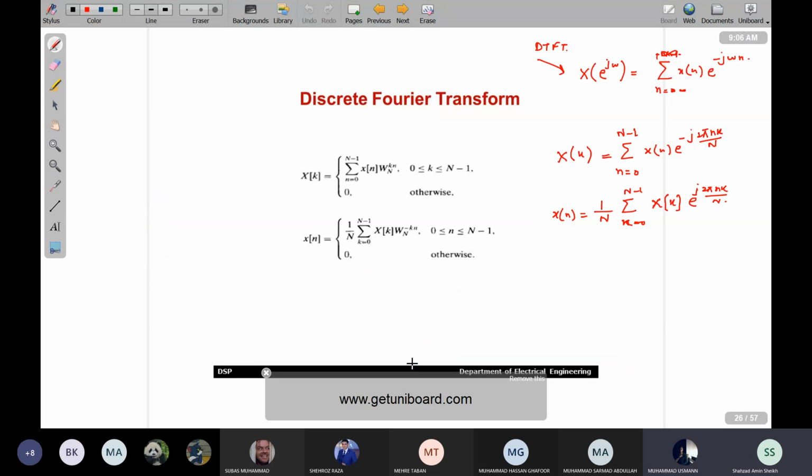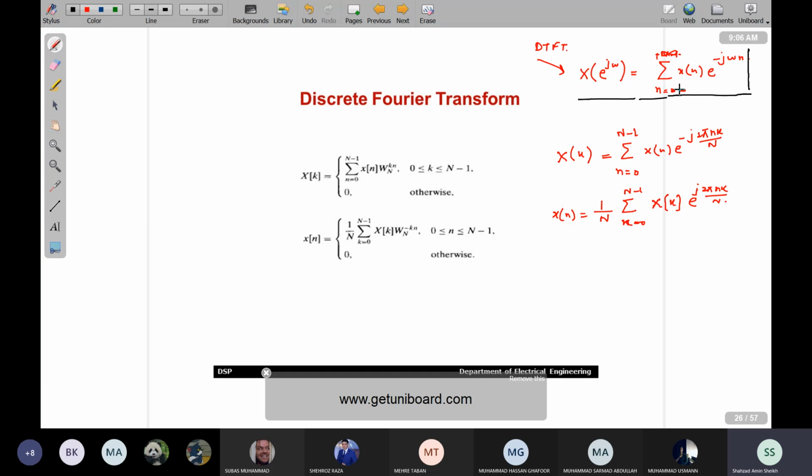Okay. So this is now by definition our discrete-time Fourier transform, X of e to the j omega, and we have been writing this expression so many times in this semester. By definition, it is the sum over n from minus infinity to infinity of x of n e to the minus j omega n.